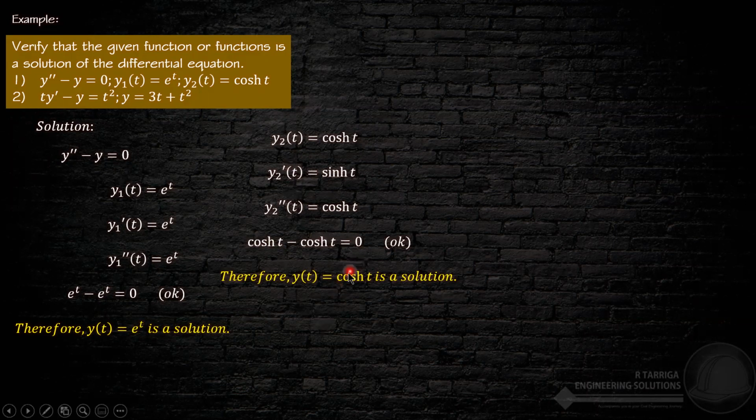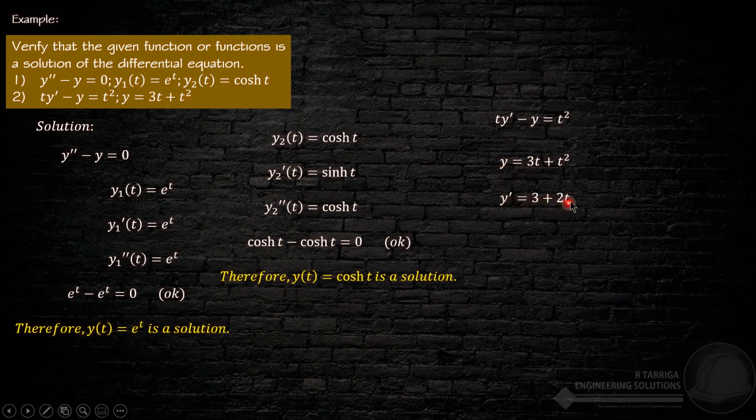Okay? Let's proceed to number 2. That would be t y prime minus y is equal to t squared. So the function y equals 3t plus t squared should satisfy it. If not, it means 3t plus t squared is not a solution of this differential equation. So let's check. y equals 3t plus t squared. If you differentiate that, it becomes 3 plus 2t.